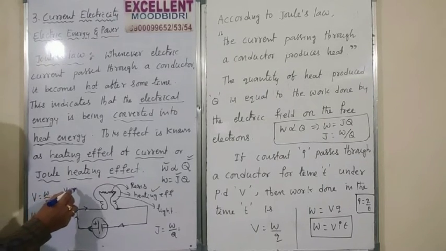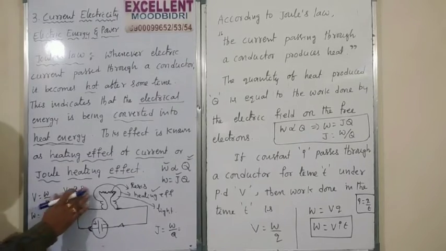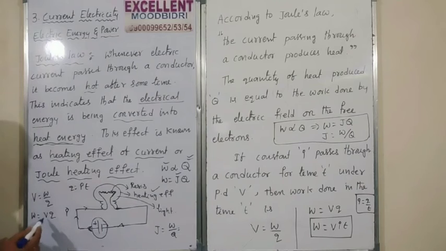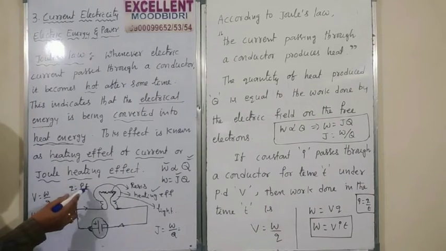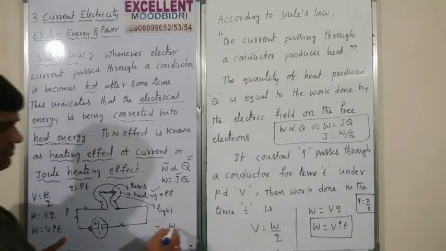According to Ohm's law, V = IR, so instead of V we will consider IR, so W = IR into Q. We can also use the current formula: I = Q/T, so Q = IT. Therefore instead of Q we will write IT. Familiar with this formula. So instead of W, VIT. So W is equal to what?